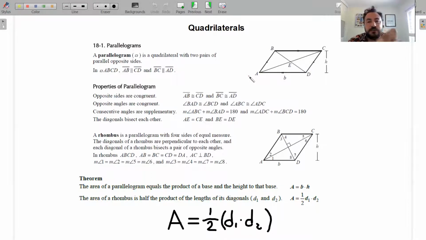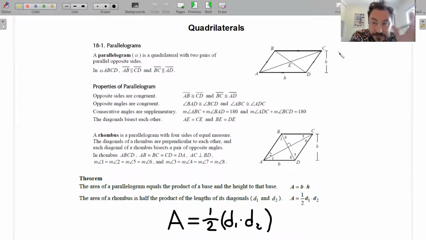In fact, we know that AB is going to be equal to CD, and BC is going to be equal to AD. We know that the angle BAD is going to be equal to the angle BCD, and the angle ADC is going to be equal to the angle ABC as well.